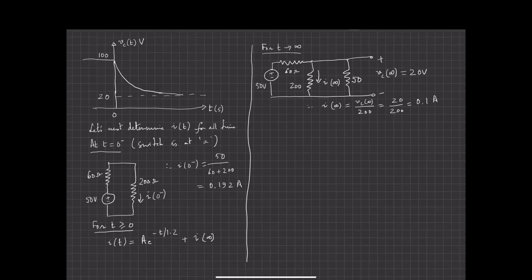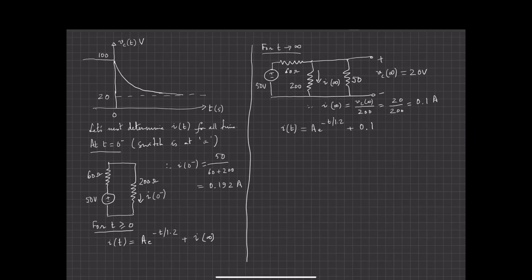Okay? So now the situation is the following. Under the heading of t greater than or equal to 0, I of t is the natural solution, A e to the power of minus t over 1.2, plus I of infinity, which is 0.1.